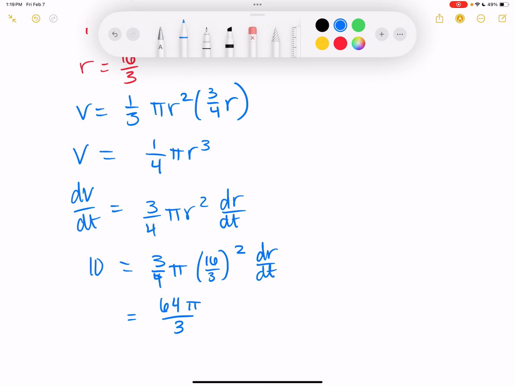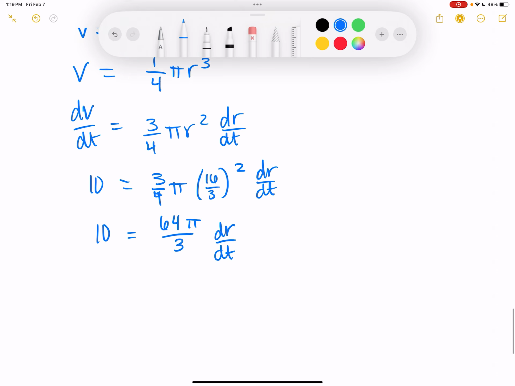Is it 64 pi over 3? I think I did that right, but I'm not sure, because I'm trying to do it without writing anything down. Doesn't always end well for me. Yeah, that would be that. Okay. So then I've got 30 over 64 pi, and obviously I know that can reduce, but we're just going to type it into the calculator.